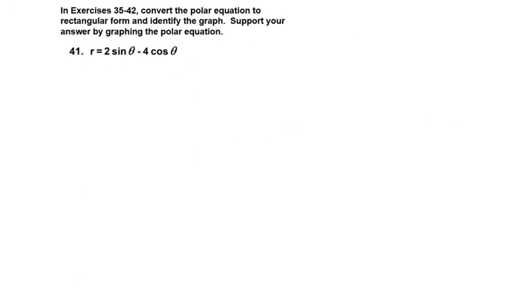Next and last on our problem, 41, we have r equals 2 sine theta minus 4 cosine theta. So just writing this out, we have r is equal to 2 sine theta minus 4 cosine theta.